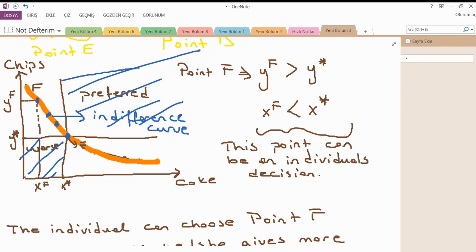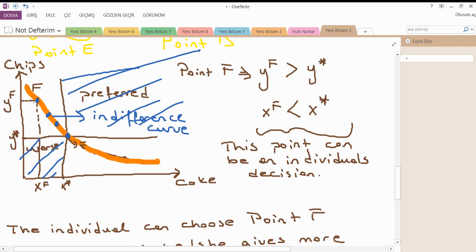So the individual is going to decide a utility level in his or her head, and by looking at the budget constraint, he will decide which point of this indifference curve, representing a particular utility level, he or she is going to choose according to the prices, okay?